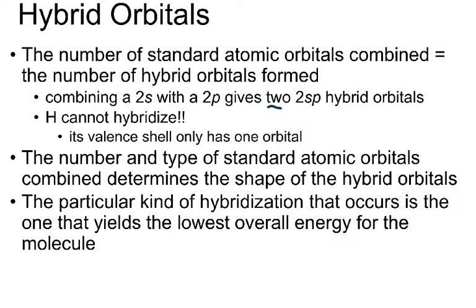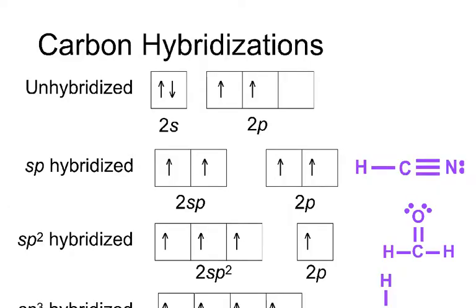So the way we name our hybrids is we keep the number out front of the principal quantum level, and then we put the orbitals that we've hybridized next to each other. So a 2s plus a 2p is going to be 2sp orbitals, and there are 2 of them. Hydrogen doesn't hybridize because it only has the 1 orbital, the 1s. And then the number and type of those atomic orbitals is going to give us the shape. Let's look at an example.